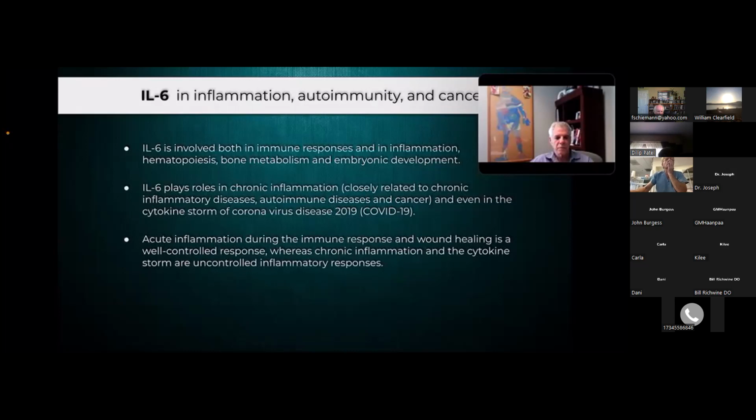Acute inflammation during the immune response and wound healing is a well-controlled response, whereas chronic inflammation and cytokine storm are uncontrolled inflammatory responses. Back to basics, it's this out of control thing that causes us to get into trouble. Otherwise, our inflammatory system and interleukin 6 is a well-oiled machine.